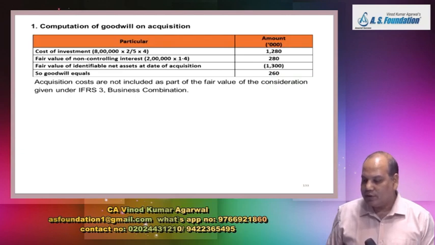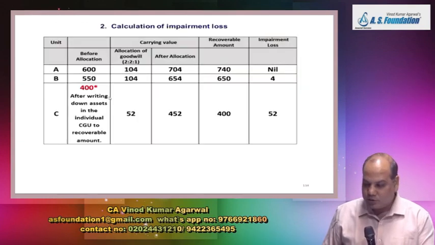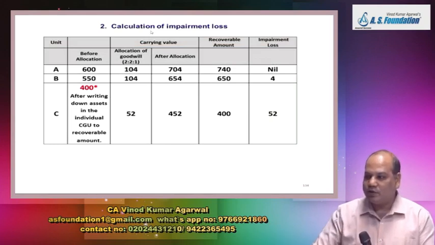Fair value of NCI, they have specifically given valued on the basis of fair value of share of Pluto, 2 lakh into 1.4, 280, minus net identifiable asset acquired 1300. So therefore goodwill 260. Okay. There is a note, acquisition costs are not included as a part of the fair value of consideration given under IFRS 3 business combination.